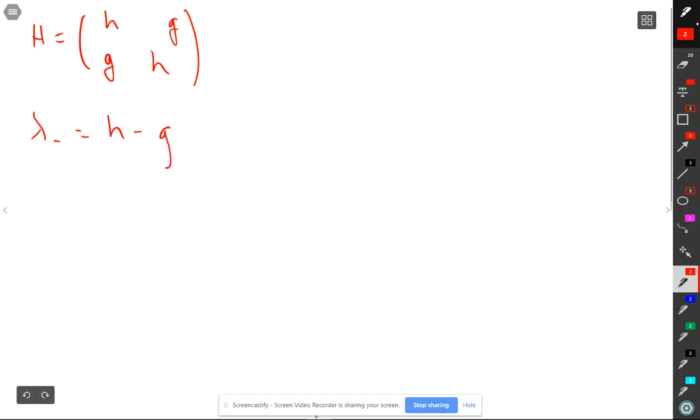So now I'm going to kind of let you guide me. Writing out our stuff again, H is equal to HG, GH, and our eigenvalue minus is equal to H minus G. And we have our relationship that H F minus equals lambda minus F minus.